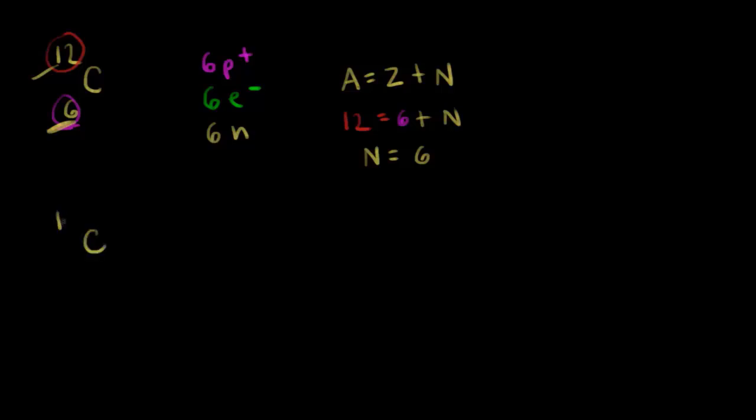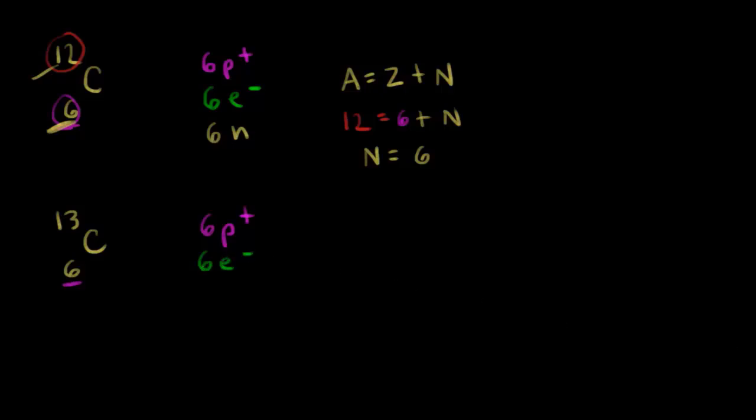So this is carbon, and this time we have a superscript of 13. The atomic number doesn't change when you're talking about an isotope. If you change the atomic number, you change the element. So there's still 6 protons in the nucleus of this atom. And in a neutral atom, there must be an equal number of electrons, so 6 electrons.